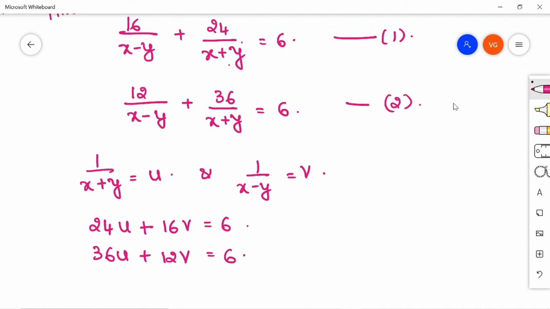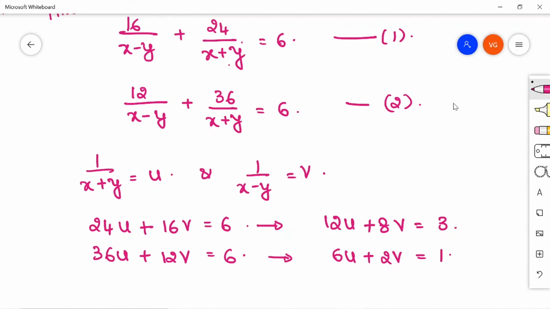Right? So these are the two equations here. Now we can go for further simplification. If you take 2 common, this will be 12u plus 8v is equal to 3. Again you can take 6 common. If you take 6 common, 6u plus 2v is equal to 1.